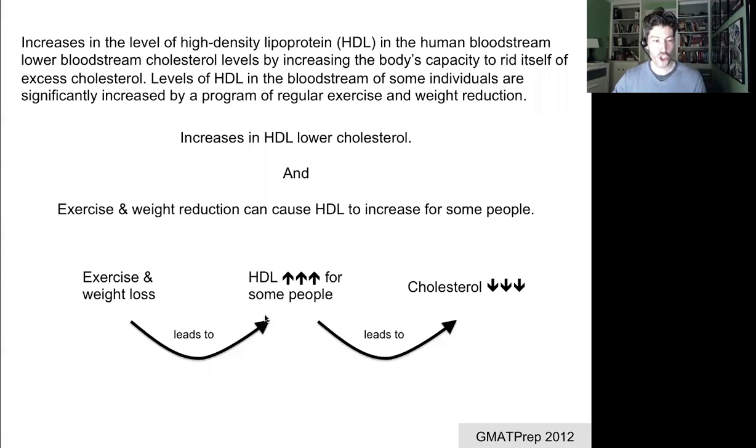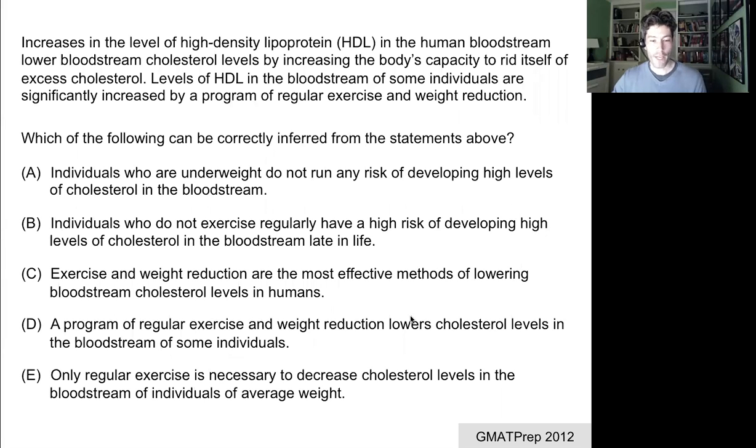And so there's this chain of events. Ultimately we start here, exercise and weight loss, and it allows cholesterol to decrease for some people. And if you look at this, this is pretty much exactly what D says. D is really just a rearranging, a rewording of the argument.